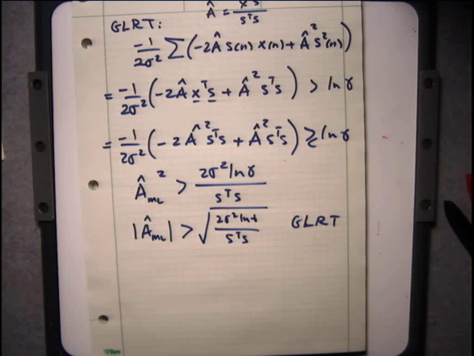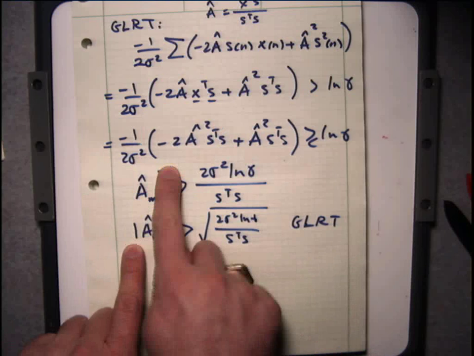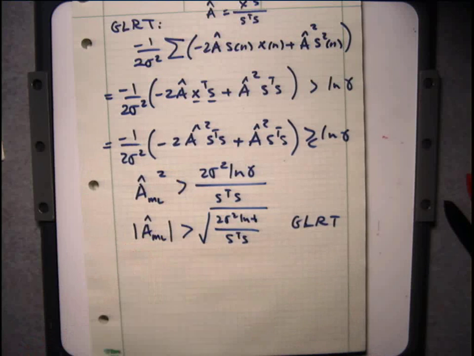Well, one of the things that GLRT will do in this case is come up with an estimator that will, in fact, square A hat or take its absolute value, because it is entirely possible that if you just did maximum likelihood without taking care of that, then it would end up with a negative number. And this is telling you to basically get rid of the sign when you do the test.